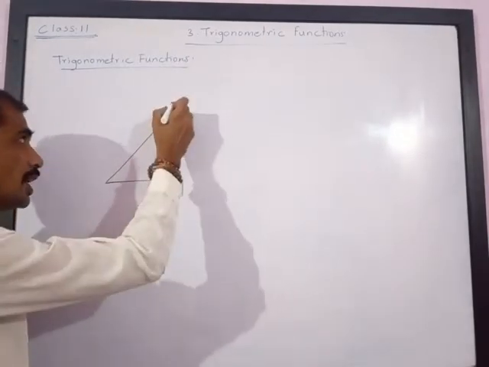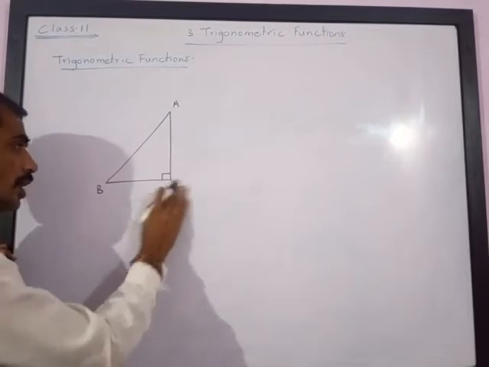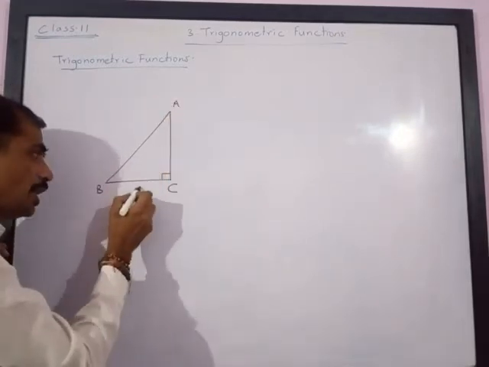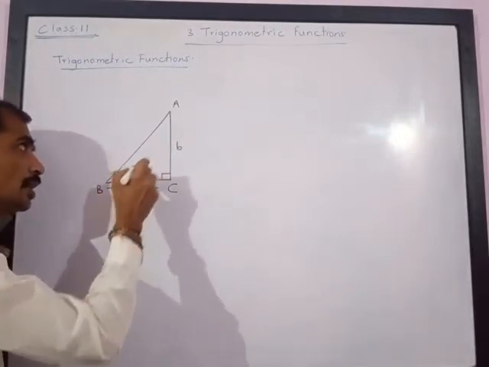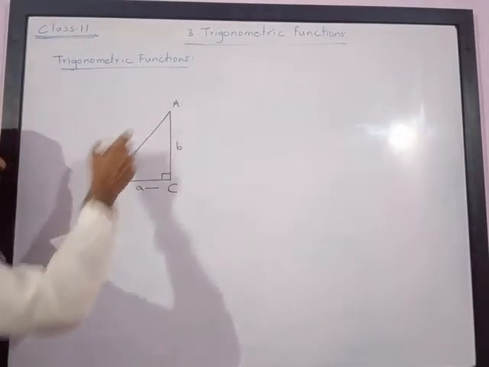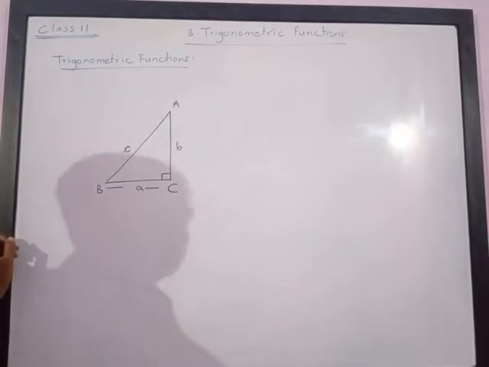So if this is a triangle ABC, with the right angle at capital C, let small a be the length of side BC, small b be the length of side AC, and small c be the length of the hypotenuse AB.